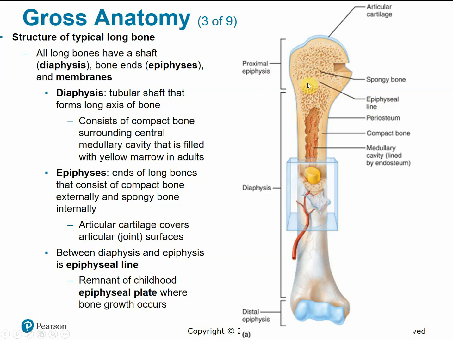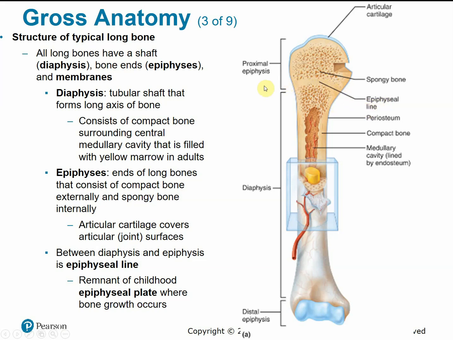So in adults, this is just a solid line of bone, but in children, it's still cartilage. So we said the skeleton is originally cartilage that is gradually converted to bone. So this is where long bones will grow from. Children are still growing, so they still need that cartilage that will gradually turn into bone. But as adults, this epiphyseal line will close and become solid bone.